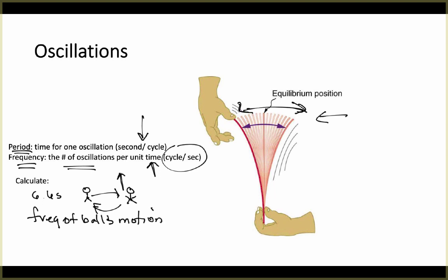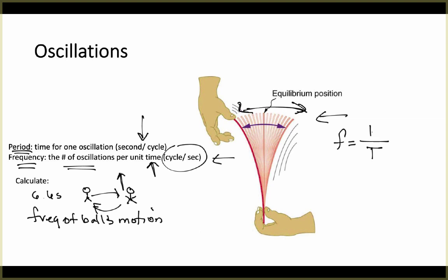So we said frequency, which stands for f, is the number of cycles per unit time. Here we're looking at just one cycle, right? So it's given by the number of cycles versus how much time. We're trying to find the frequency.